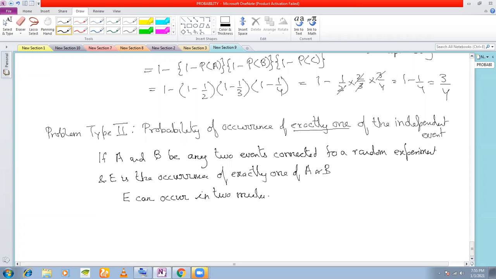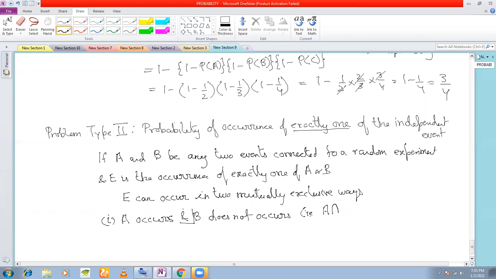What are the mutually exclusive ways? First, A occurs and B does not occur. Either A occurs or B does not occur, right? The set notation is A occurs, intersection, because there is an "and" here, B does not occur, B complement.